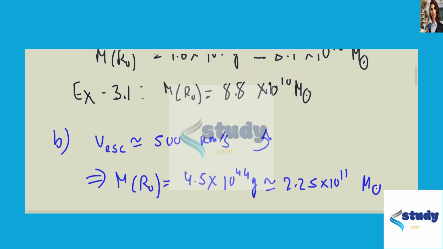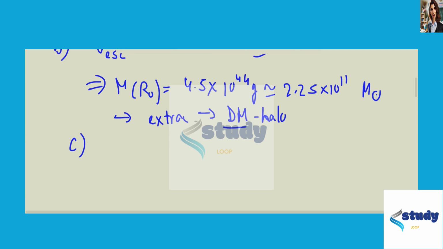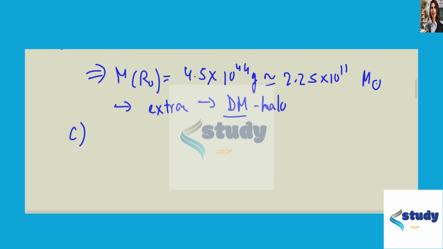A little bit more than this estimate. And just to finish this off, this extra mass could be, and most likely is, due to the dark matter halo of the Milky Way.